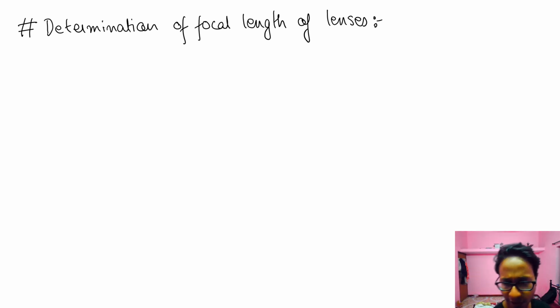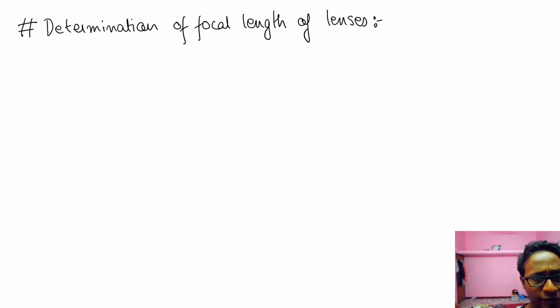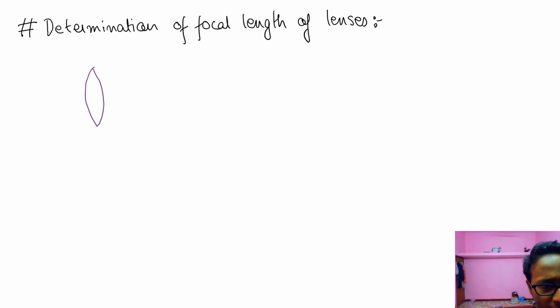Okay. So first let's define what is focal length. Suppose this is a convex lens. Acha. Rays coming from infinity will converge at a point. Okay. And this is nothing but the focal length of the lens.